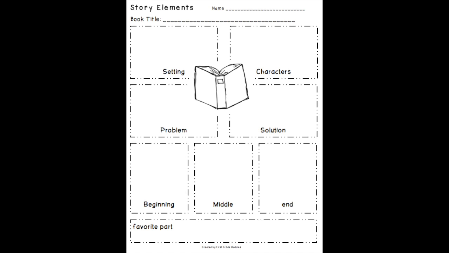If you're having trouble thinking about these two, think about how the children were behaving before Officer Buckle received Gloria, and then how Officer Buckle and Gloria were able to work together. The next three boxes ask the beginning, middle, and end. So if we remember from the beginning of the class, what is the beginning, middle, and end? It's the plot. Very good.